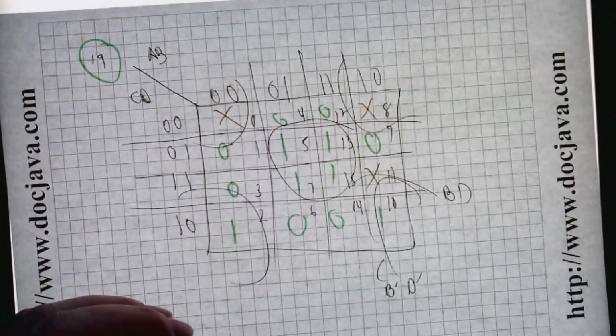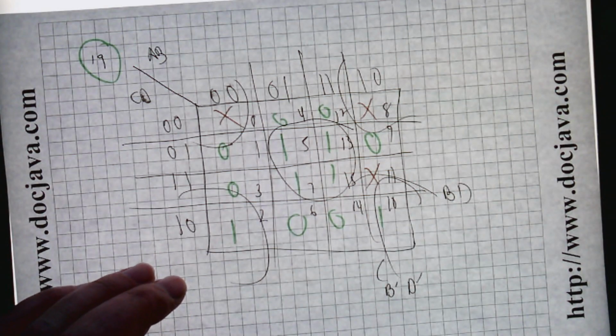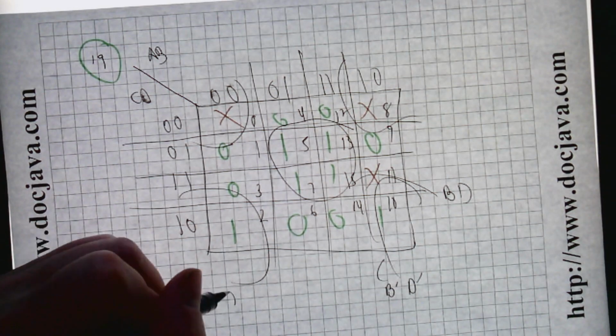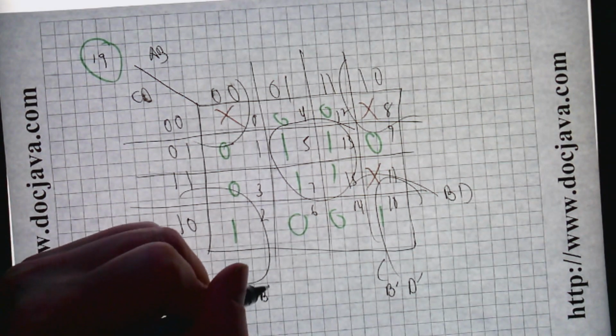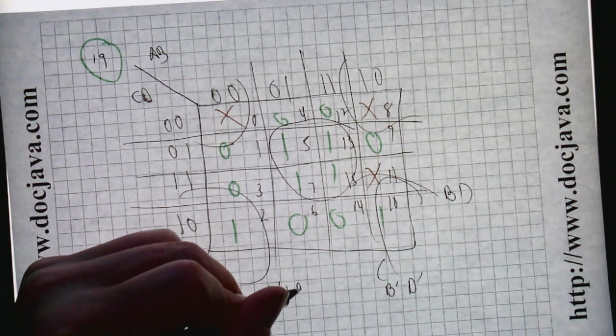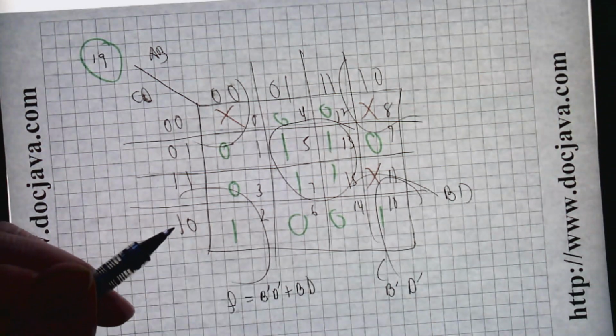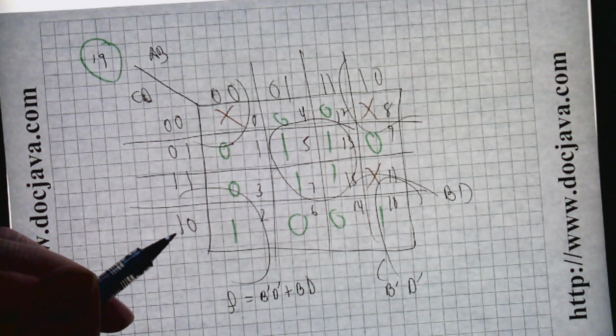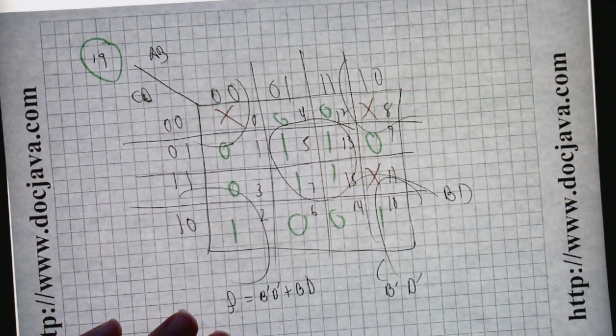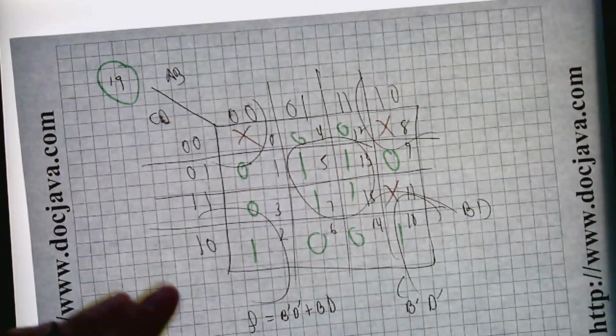So that is the answer to, well, interestingly enough, the answer F equals B prime D prime or BD does not appear, and therefore none of the above is the correct selection for 19.